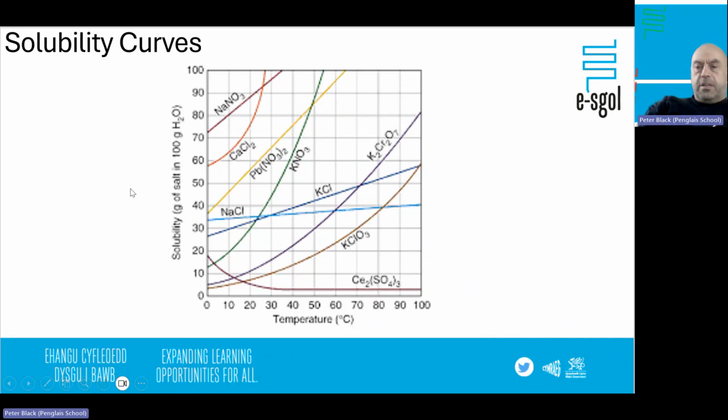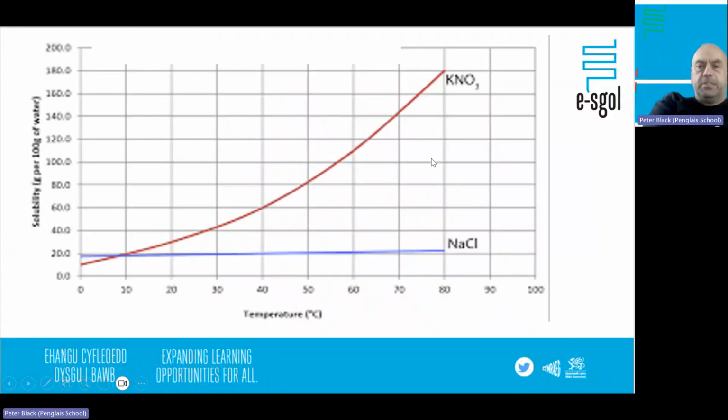Okay, so you need to know how to use these solubility curves and what you'd be expected to do with them. A typical question in the exam is they may ask you to use the curve to state what the solubility of a salt would be at a particular temperature. For example, you may be asked to find the solubility of a salt at 70 degrees C. Pretty simple.